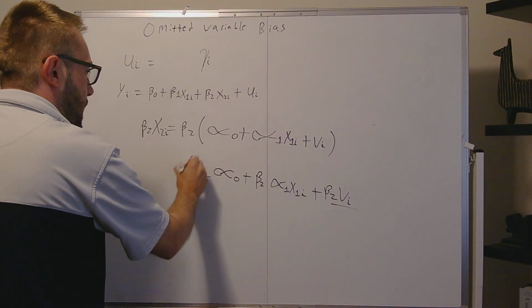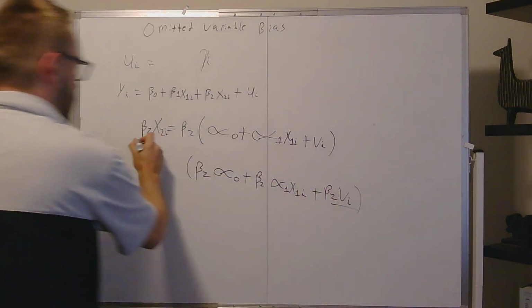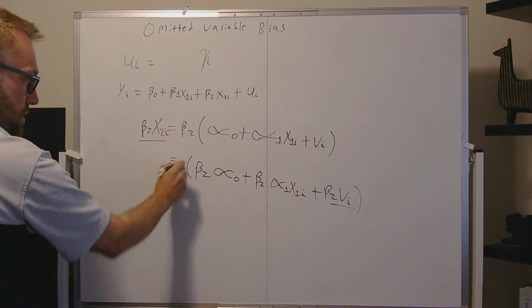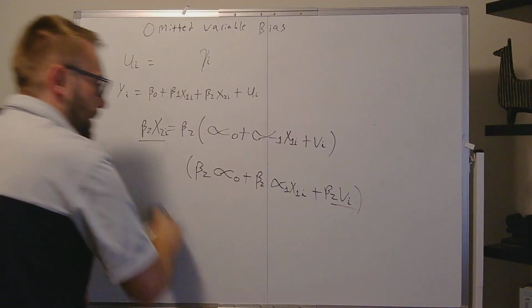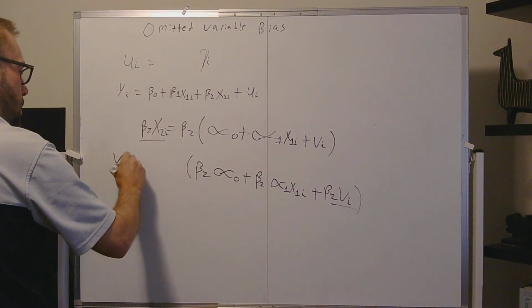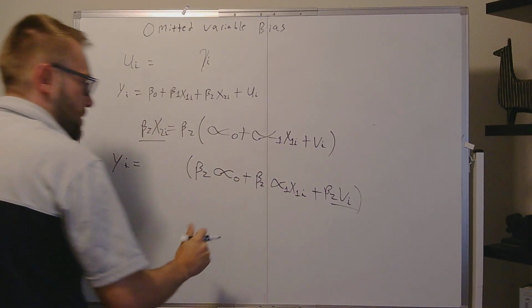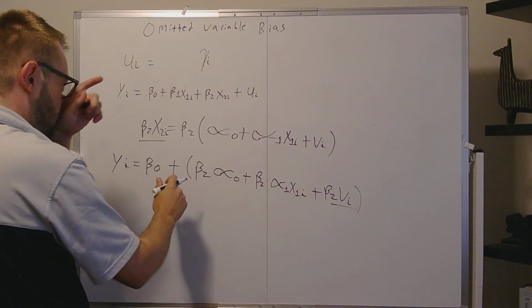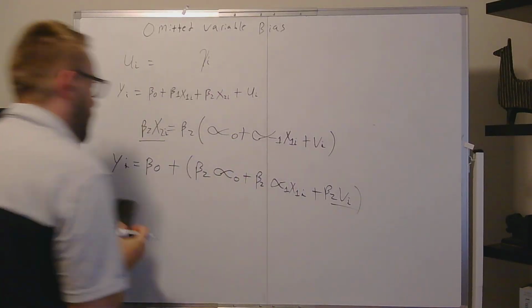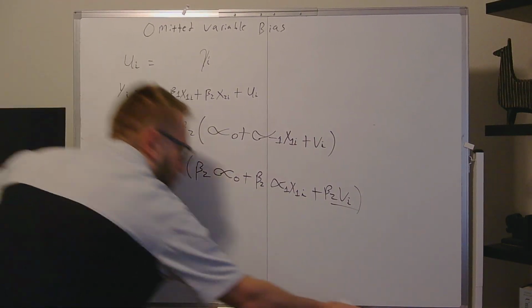And so this more broadly then, because this equals this, we're going to say then our yi equals beta naught plus, actually I need to come over, don't I? Need more room.